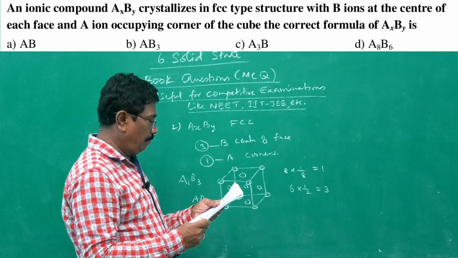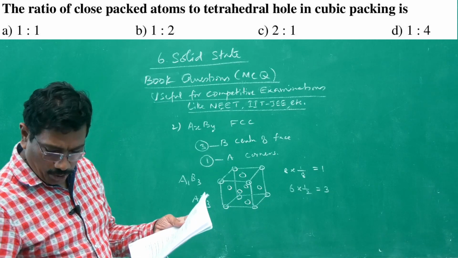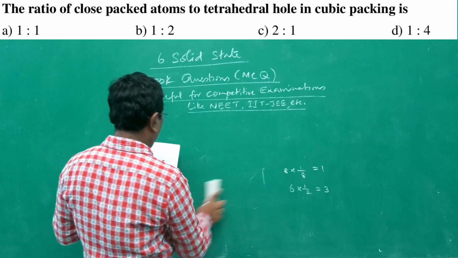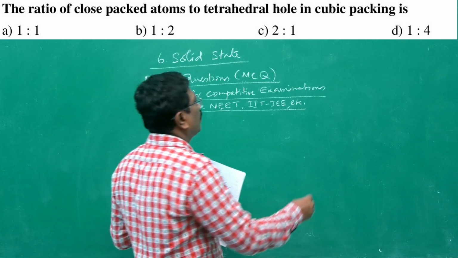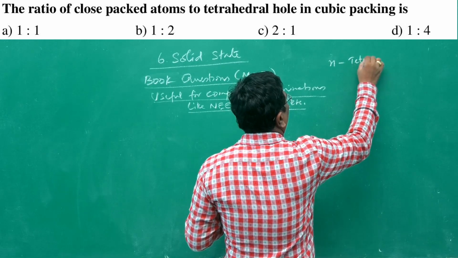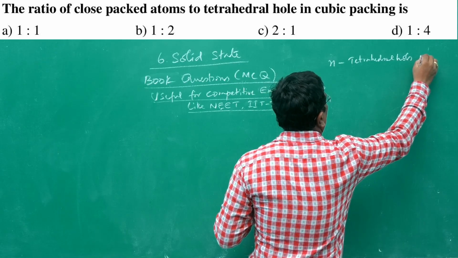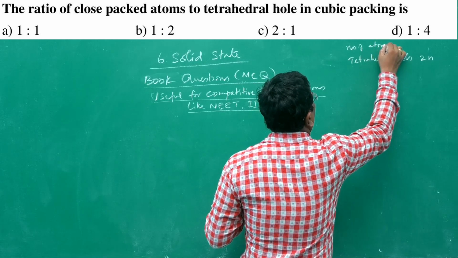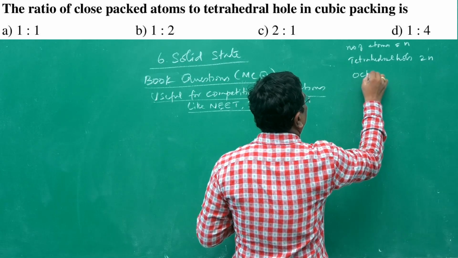So option B. The ratio of close packed atoms to tetrahedral hole in cubic packing is asked. So the ratio of number of atoms and the tetrahedral hole and octahedral hole may be, if we have n atoms, then tetrahedral holes will be 2n, octahedral holes will be n.